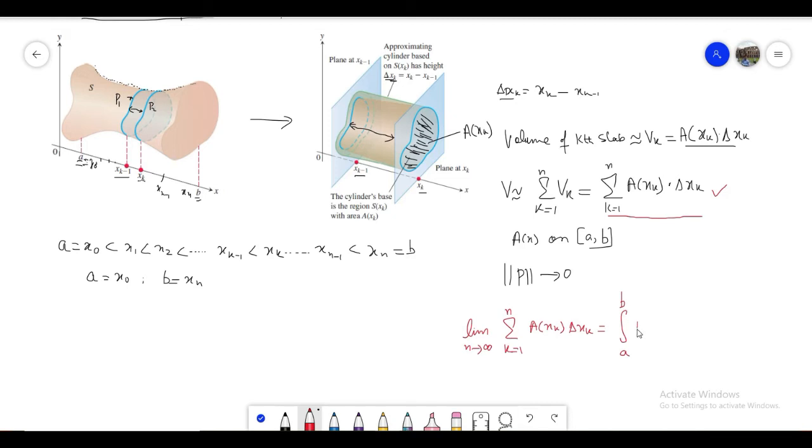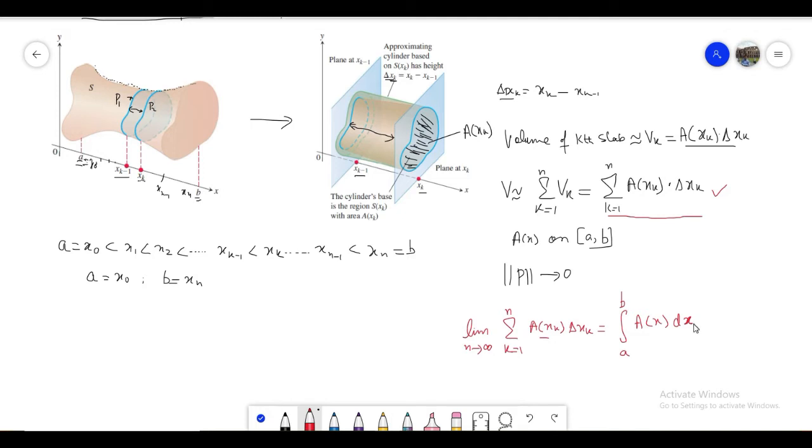The cross-sectional area is A of x, and delta x_k, which is the width, has turned into the differential, which is dx.